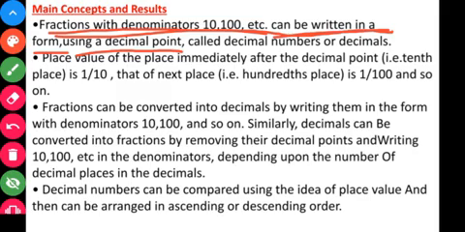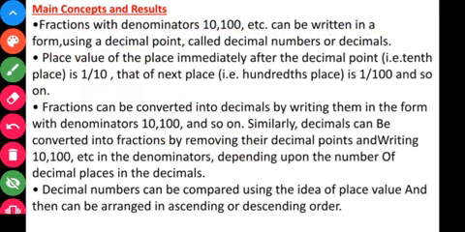Understand? That means any fraction can be written with denominator 10, 100, etc. and using the help of a decimal point, then it is called a decimal number or decimals. Okay.